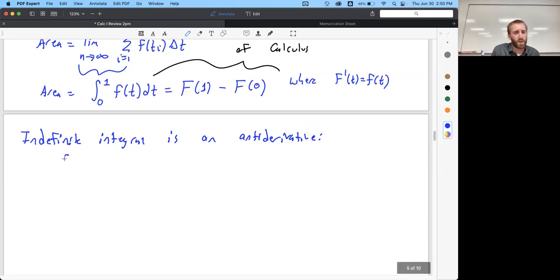And that would just look like integral f of x dx. No bounds. It just means find the function that has a derivative equal to the function that's in the integral.